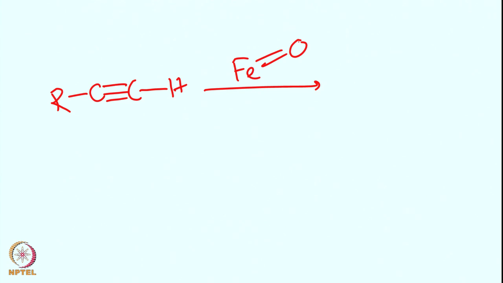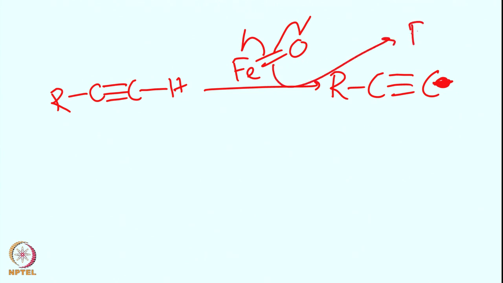This should be iron 4 oxo with a radical cation, which is essentially iron 5 oxo. So, this will give rise to the abstraction of this hydrogen, and we will have an RC radical plus this species giving rise to iron hydroxo. This is going to be an iron 4 hydroxo.